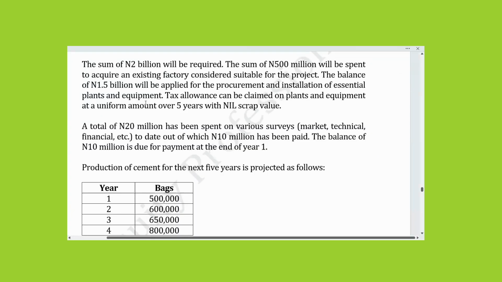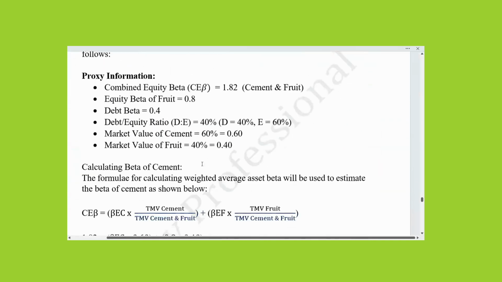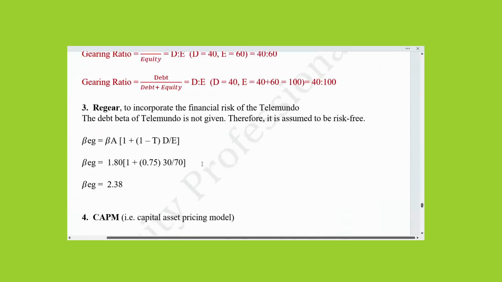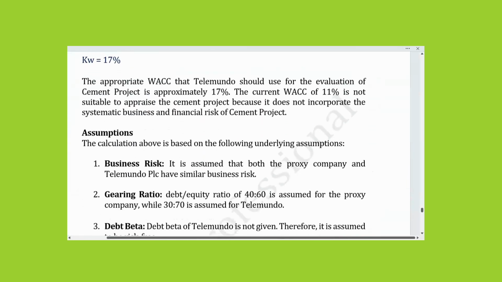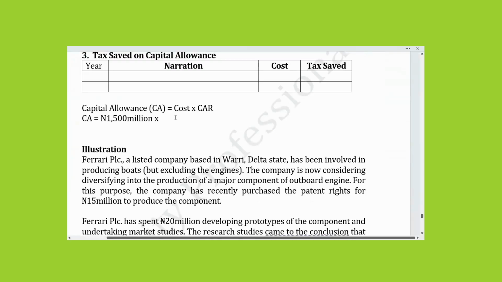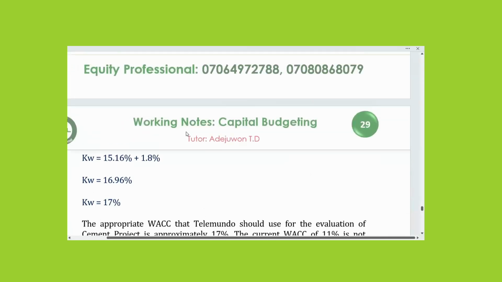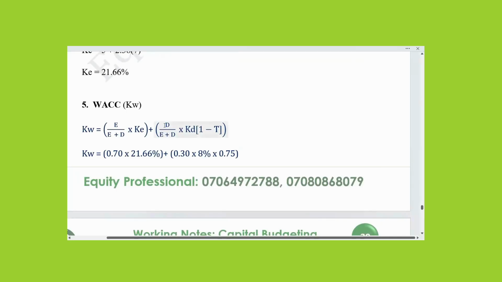So since it's on a straight line basis, and we are told a uniform amount over 5 years, I will just divide 1.5 by 5 years. That will give me the annual capital allowance. Let me copy this one.